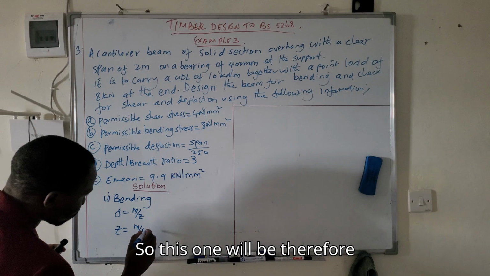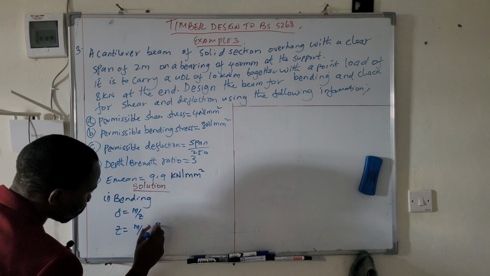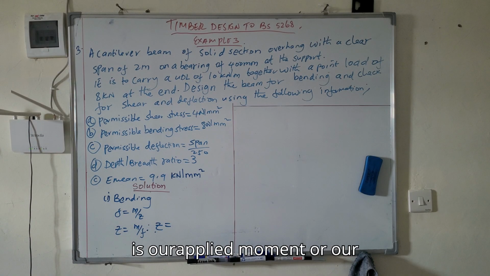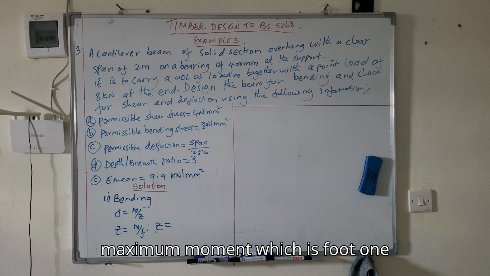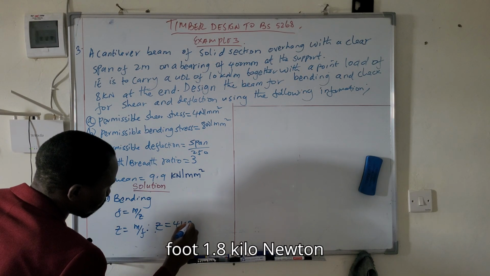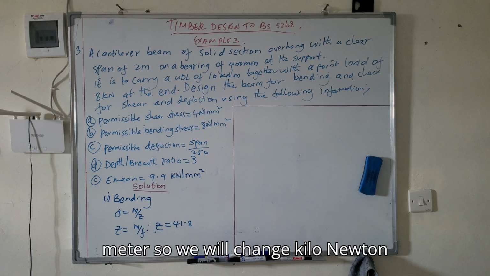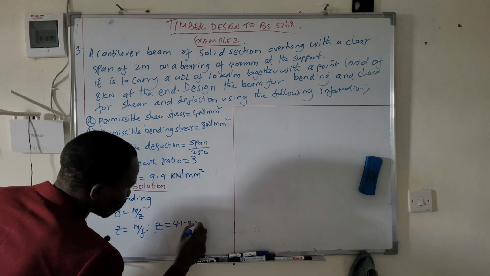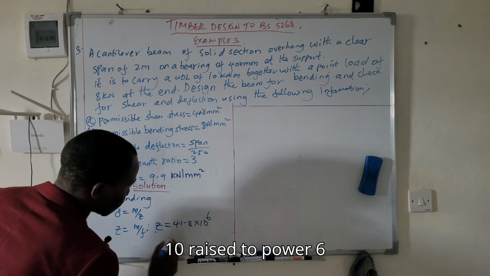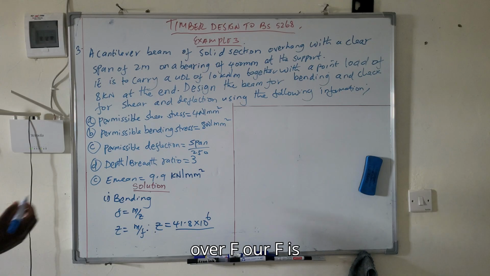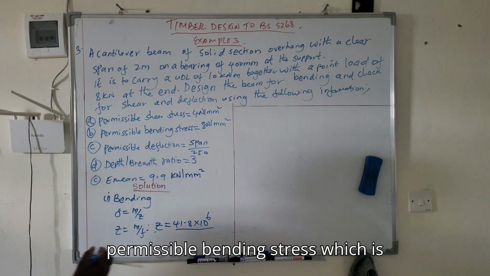So therefore, Z is equal to M. M is our applied moment or our maximum moment, which is 41.8 kilonewton meter. So we change kilonewton meter to Newton millimeter by multiplying by 10 raised to power 6, over F. Our F is the permissible bending stress, which is 8.